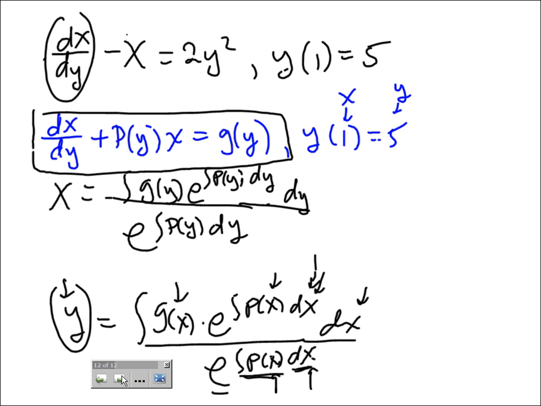And now, when I divide the x by y, I get 1 over y times x. And when I divide the 2y squared by y, I just get 2y. So that's my p of y, and this is my g of y.